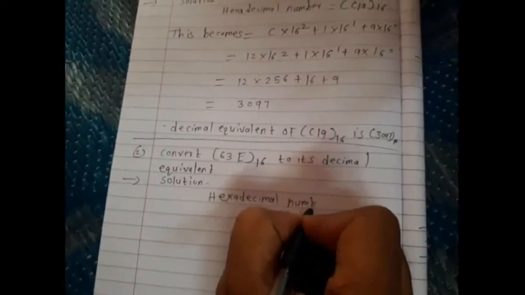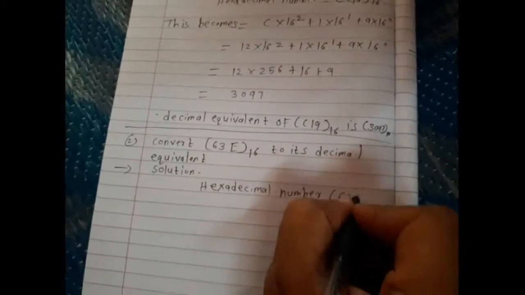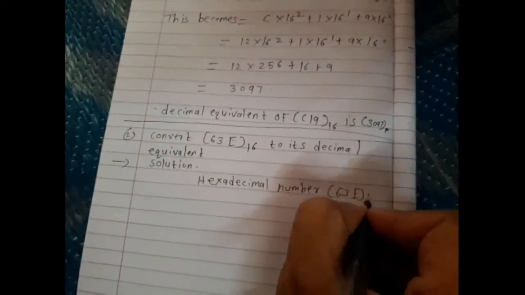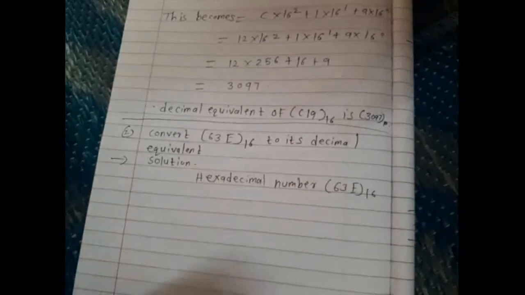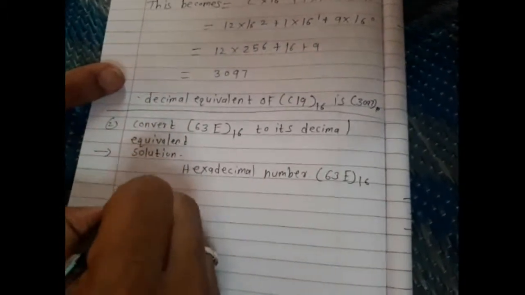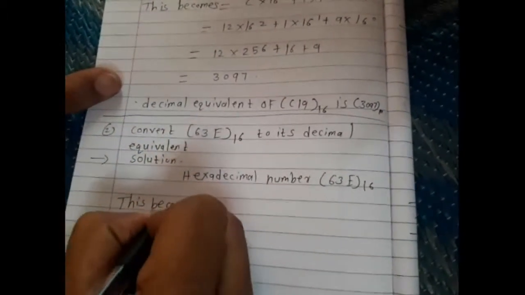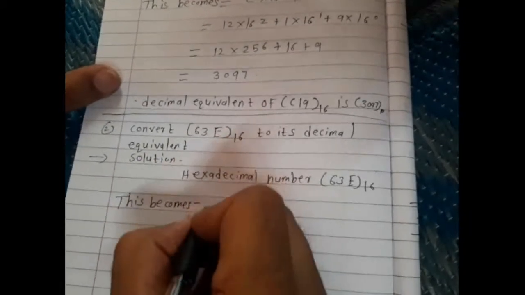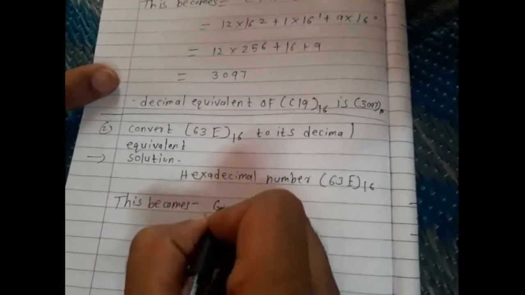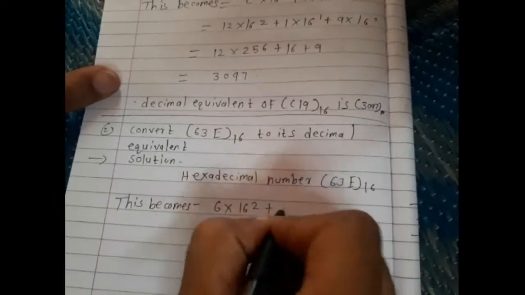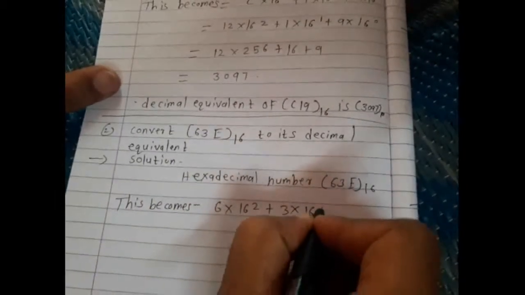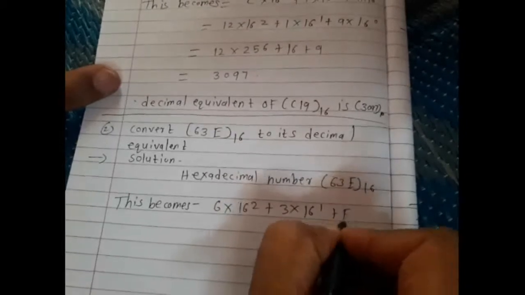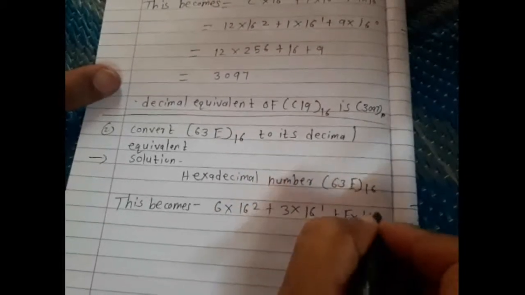Hexadecimal number is 63E. This becomes 6 into 16 square plus 3 into 16 raised to 1 plus E into 16 raised to 0.